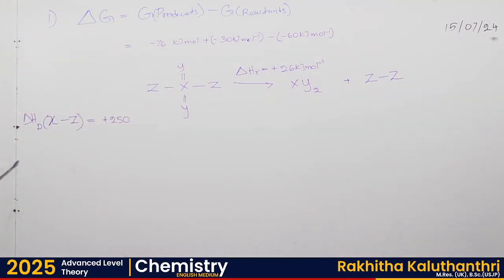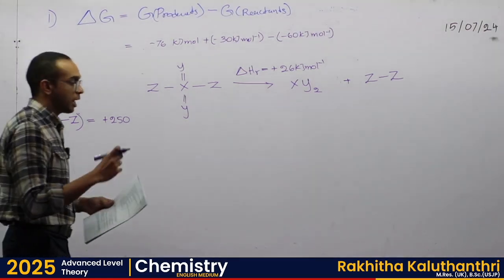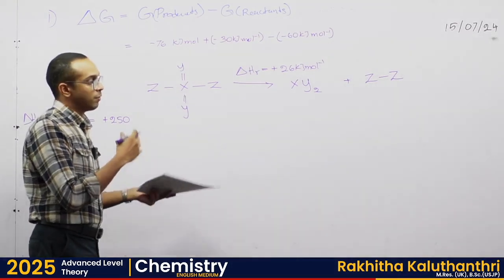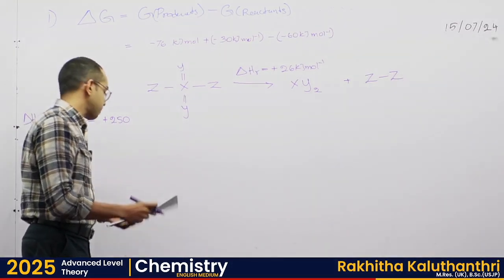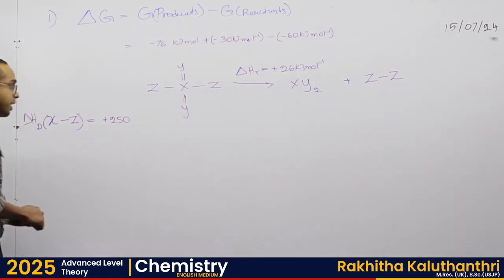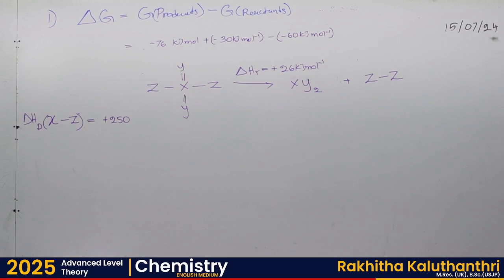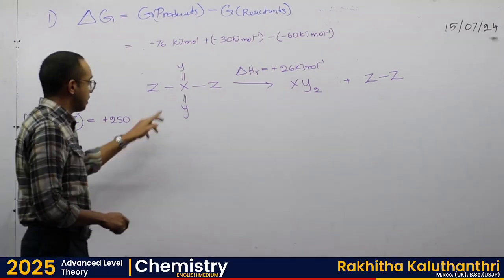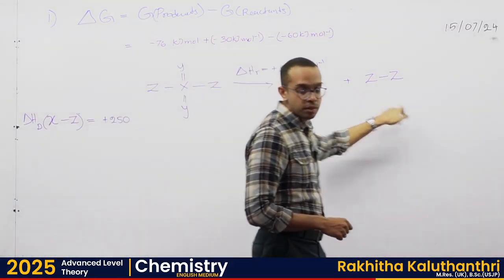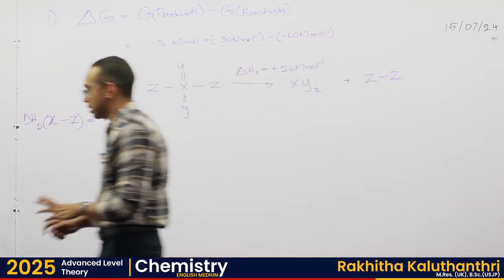You are going to be able to calculate this for sure. You don't have to draw a Hess cycle if you don't want to. You can use a basic equation that we have told you about earlier. I will give you a refinement to that equation as well, but for the time being, try to use your common sense and get to the answer. Now they have given you only a limited amount of information. One is this bond, and they are asking for this bond.